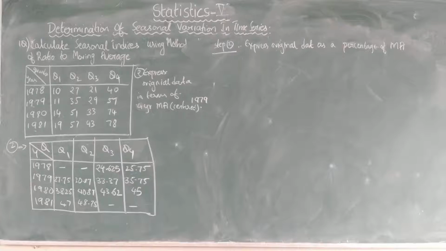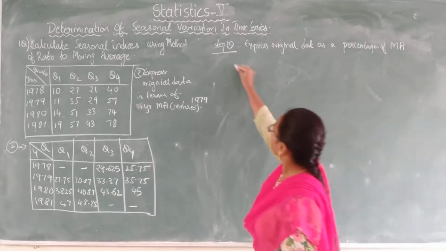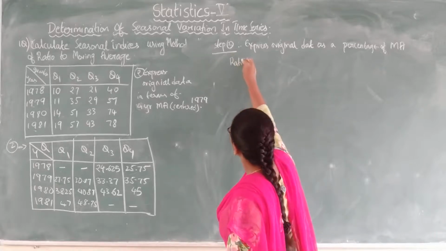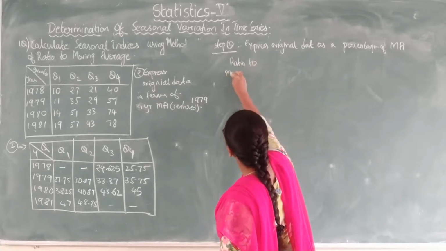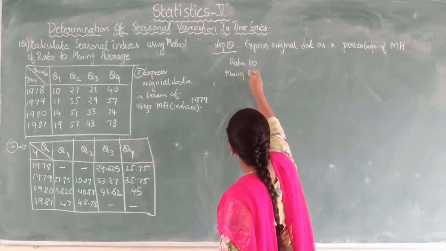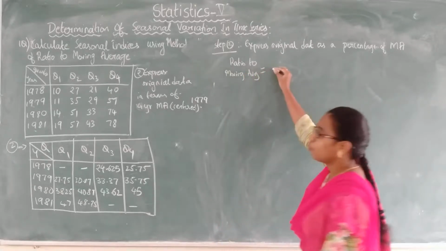So what is the formula? Ratio to moving average is equal to the formula we are going to use.